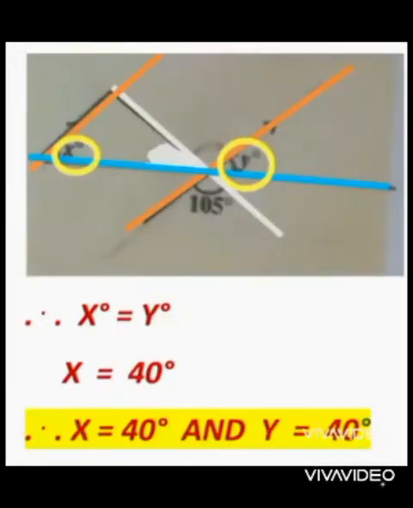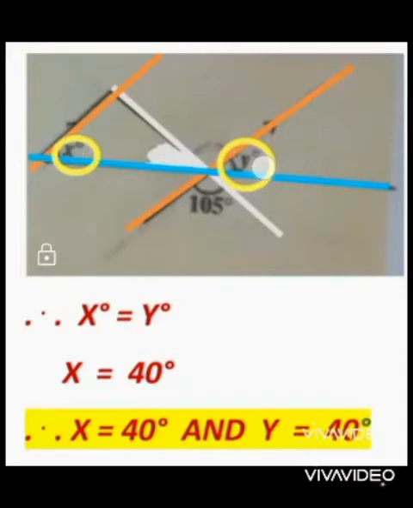Okay, now we have to find out the value of x, isn't it, children? So, look at the figure once again. See, I have given the marking here, orange marking. These two lines are parallel lines. And we are considering this blue line as a transversal. Okay. Then what do you observe, children, here? x degrees is equal to y degrees.